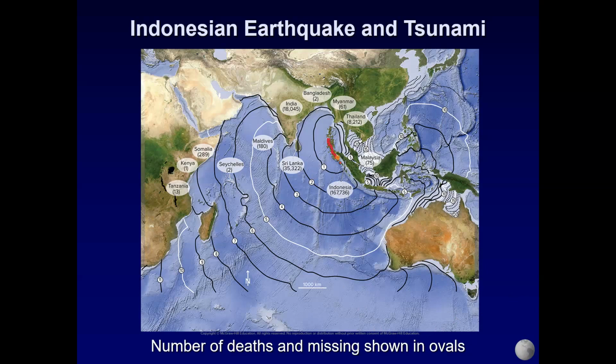Now, this earthquake ruptured along a 1,200 kilometer or 760 mile length as a section of the Eurasian plate was uplifted, and the ocean floor above the rupture was lifted several meters. That caused the tsunami. The tsunami traveled about 800 kilometers per hour or 500 miles per hour on average away from the rupture.